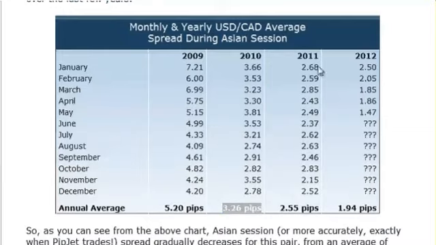Now, 2011, 2.55 pips. 2012, the average for this year so far has been 1.94 pips in the Asian session. People, that is huge. 5.20 pips in 2009, 1.94 pips in 2012.